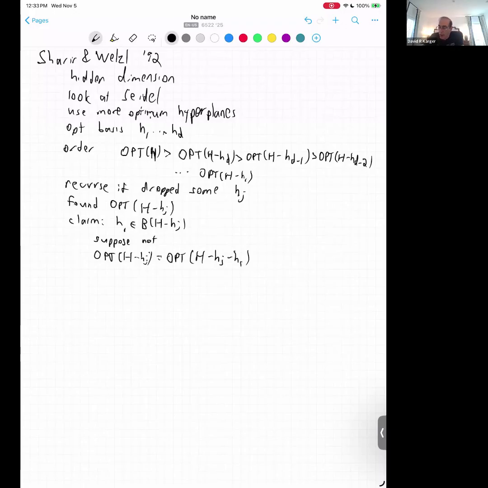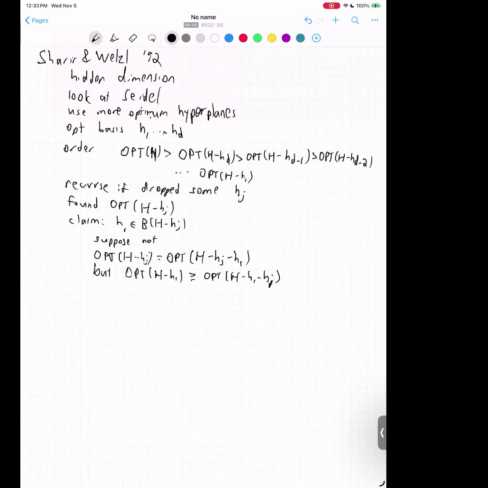But we also know that the optimum of H minus H1 is greater than or equal to the optimum of H minus H1 minus Hj. Why do we know this fact? Well, because removing hyperplanes can only decrease the optimum.